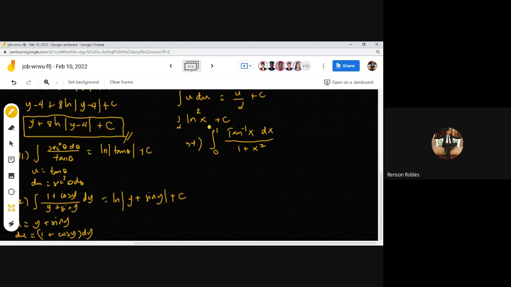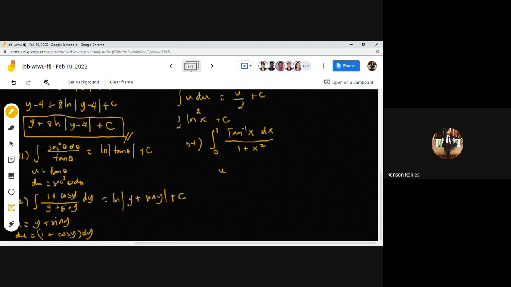I cannot let u be equal to 1 plus x squared because the derivative of this is not equal to arctangent of x. Okay? Di ba ganun yan? Pag naglilet kayo ng u, ang naiiwan sa integrand, yun dapat yung lalabas na du. So in this case, you cannot let u be equal to 1 plus x squared because the derivative of this is not equal to this. Okay? So what would that be?